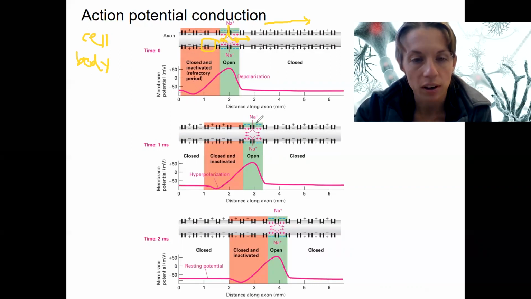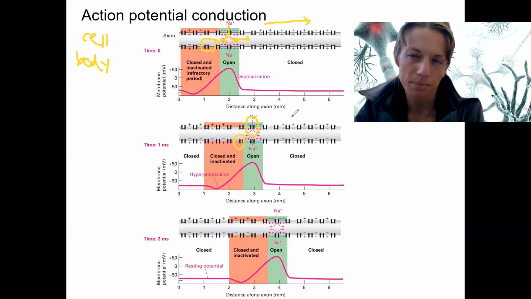That's what's shown here. More sodium channels are then going to open due to that spread. And that unidirectional conduction is due to that transient inactivation of the sodium channels that we just passed by.